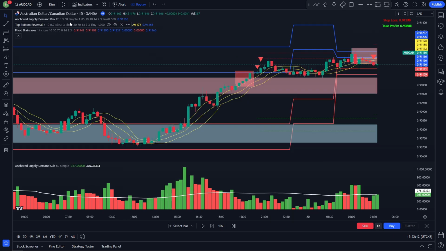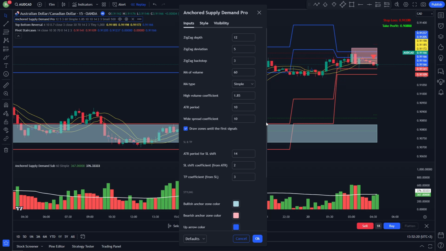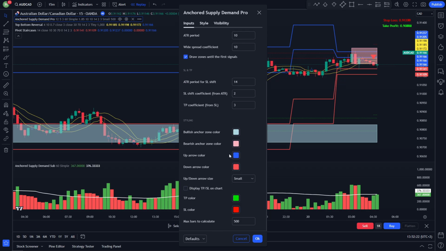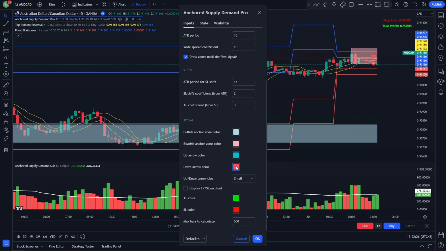Firstly, for our anchored supply and demand indicator under its cog icon, I'm going to select the following box and then scroll down and unselect the following. Additionally, I'm going to change the color of the different alerts to distinguish them from other alerts.